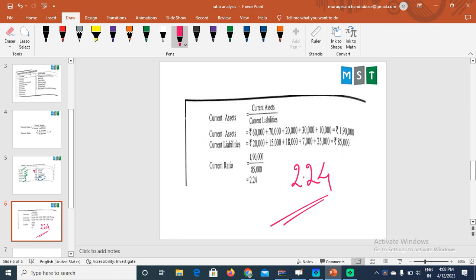Only then can you understand how your company is capable of paying its current liabilities. Otherwise, you will meet cash shortages every now and then. In order to avoid this, you have to understand this very well. Here you have to calculate everything manually.